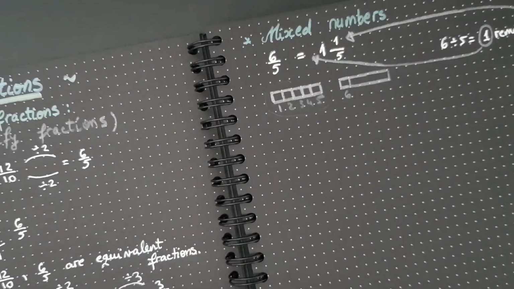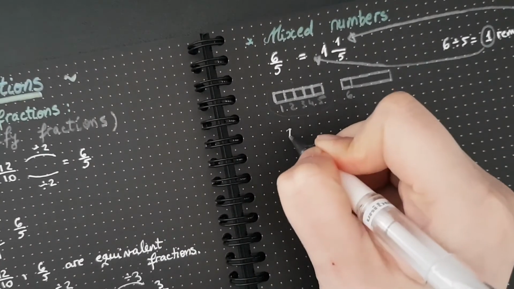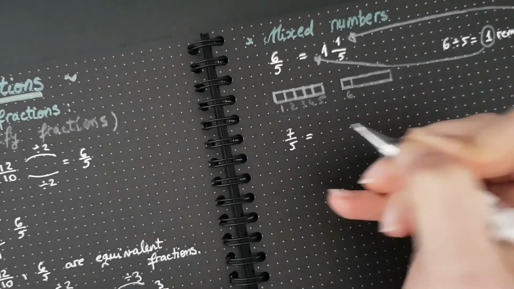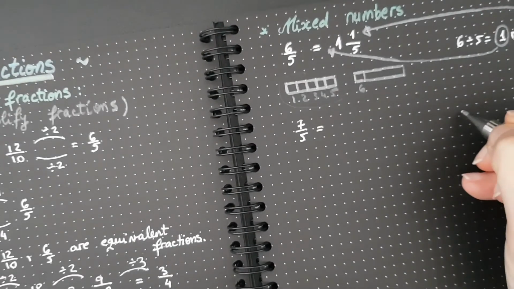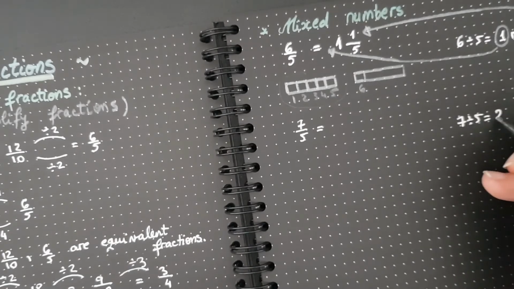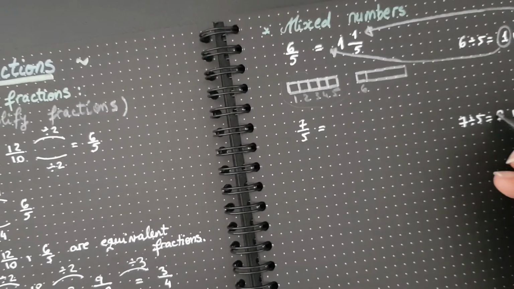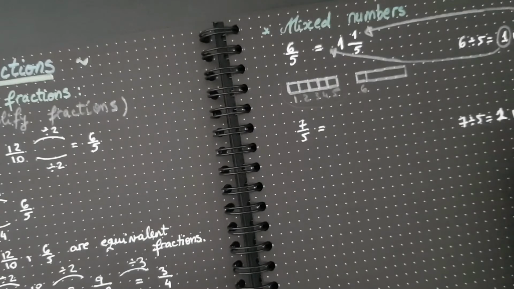Now, I'm going to give you another example that doesn't have 1 and 1, so it doesn't get confusing. Let's say I've got 7/5. So again, I do 7 divided by 5, which gives me 1, remainder 2.